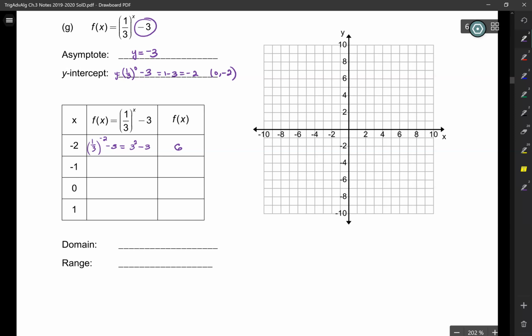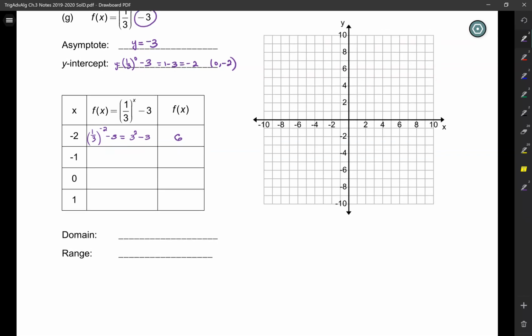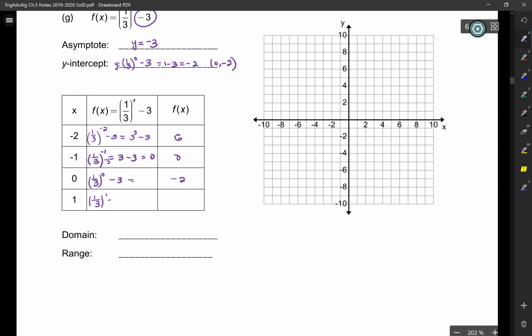Hang on for a second, I'll have you guys work with the calculator first. So 1 over 3 to the negative 1, that's 3, minus 3, that's 0. Then 1 over 3 to the 1 minus 3. It's 1/3 minus 3. How much? Negative 2 and 2/3, which is negative 8 over 3.